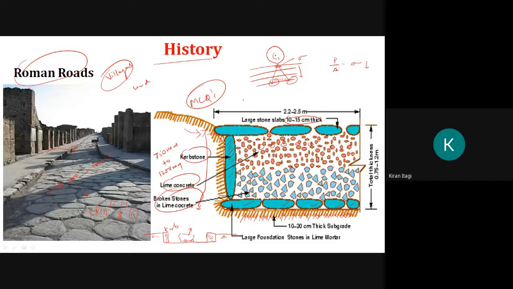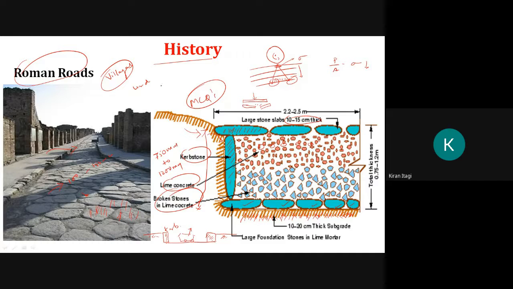Because if you lay a slab of smaller thickness, when the load acts, it will break down. So they have laid the slab of heavier thickness.